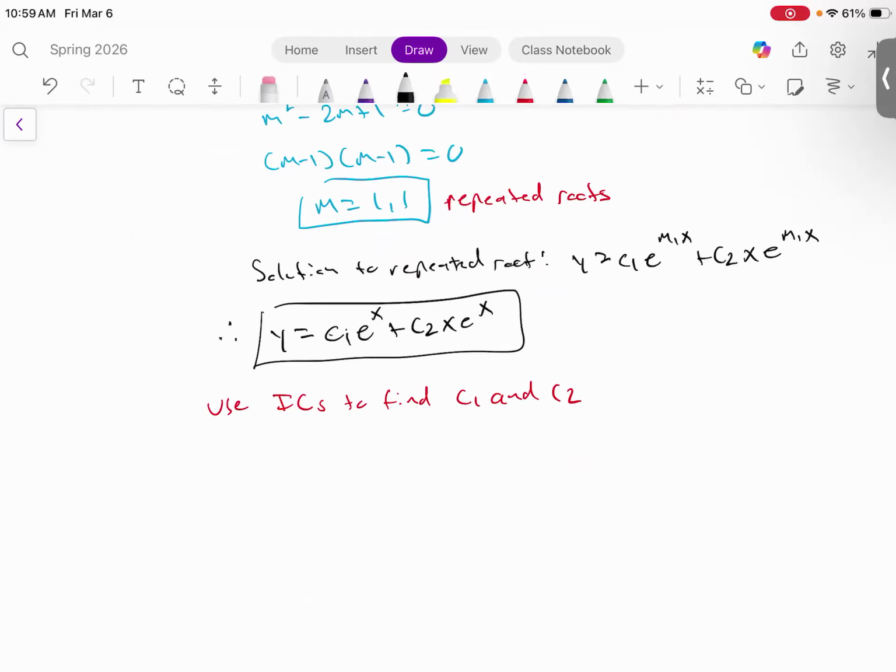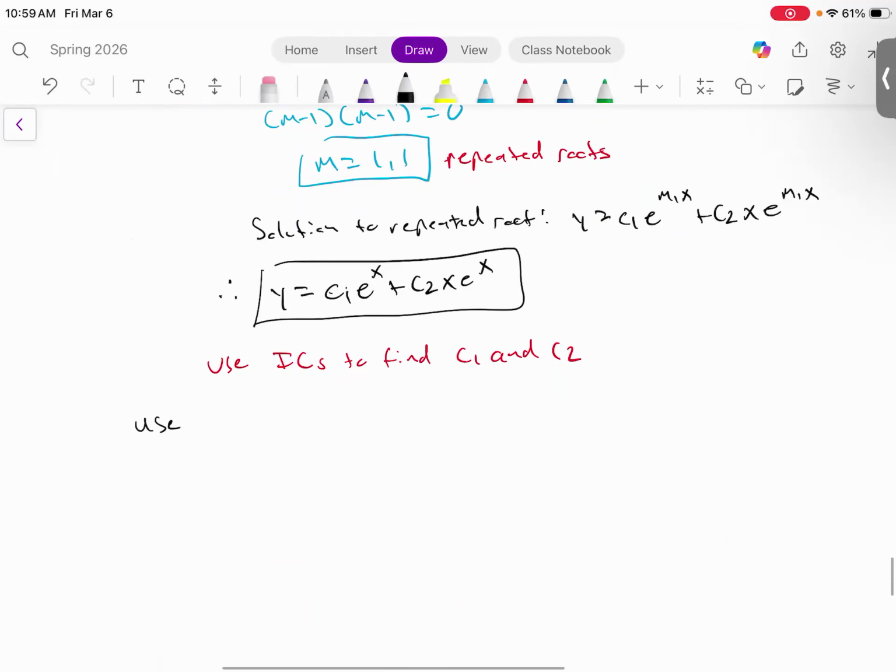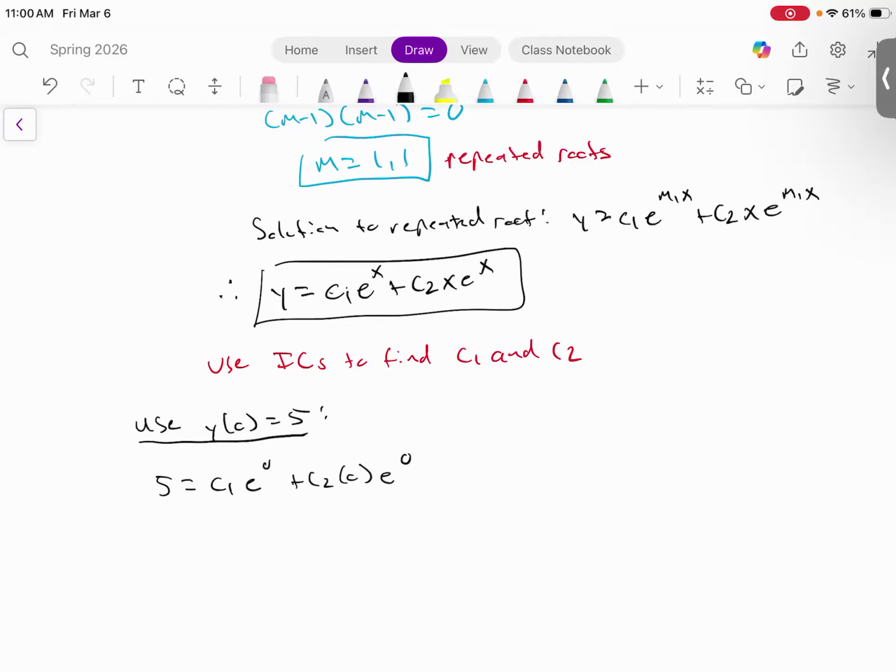So let's try that out. We're going to use our first initial condition, our original y of 0 equals 5, no derivative yet. Use y of 0 equals 5. We're going to plug this into our solution. So it'll be 5 equals C1 e to the 0 plus C2 0 e to the 0.